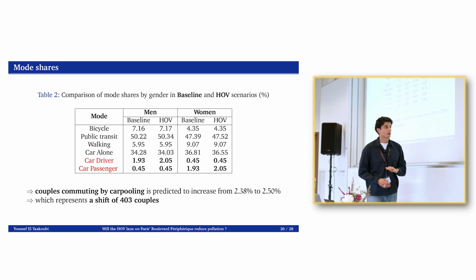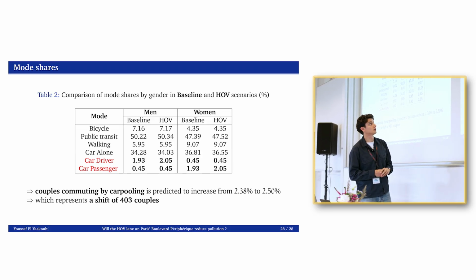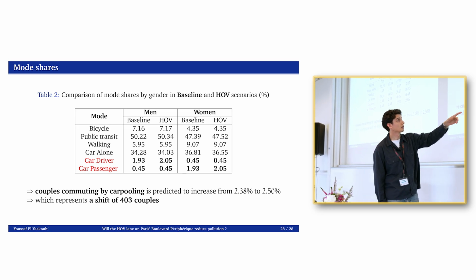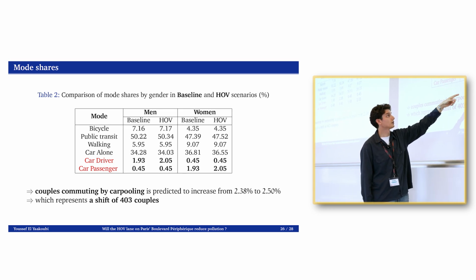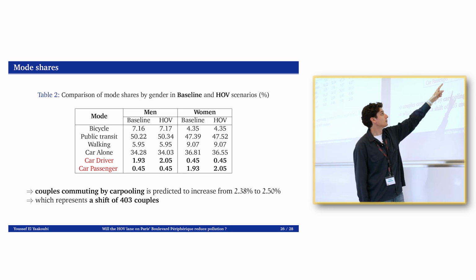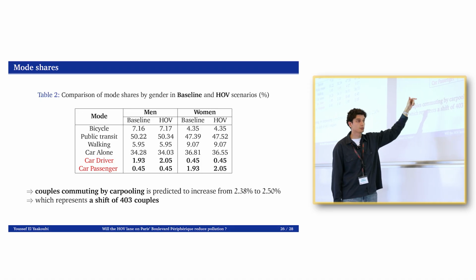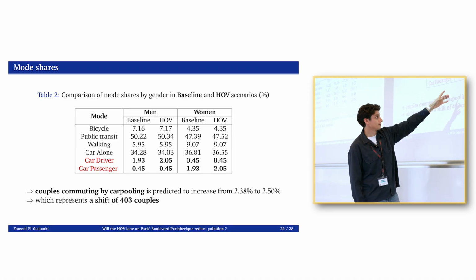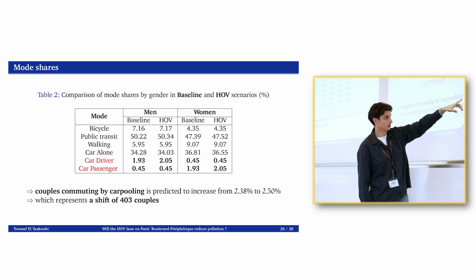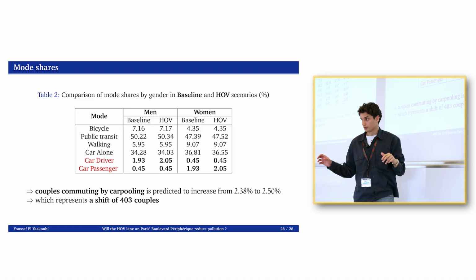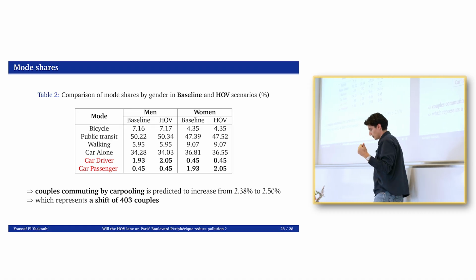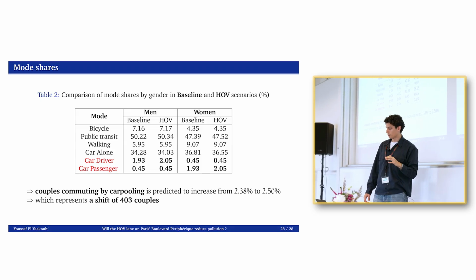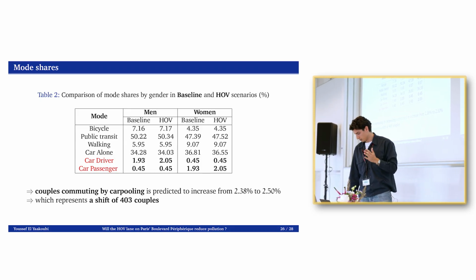Those are the prediction results. We can see that on the baseline scenario for the man and the woman, the options that we were interested in, the carpooling options, increased slightly. So couples commuting by carpooling is predicted to increase from 2.38% to 2.5%.